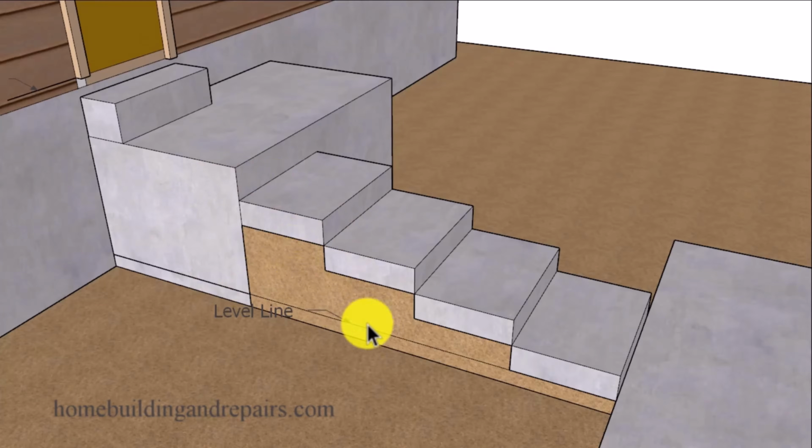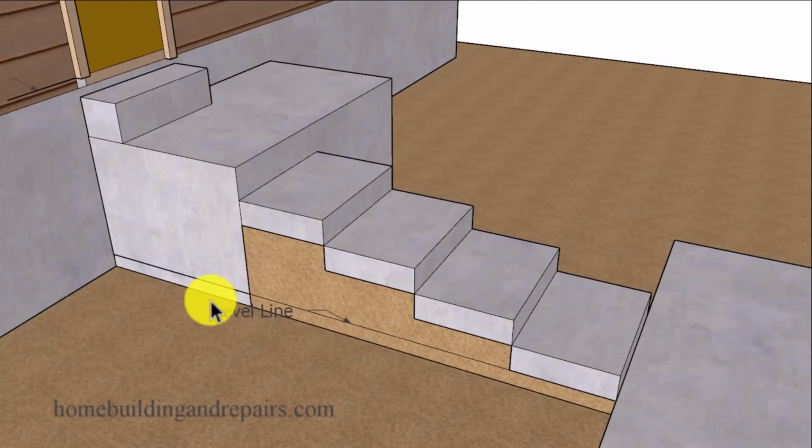And in order to do that, we're going to need to figure out the total rise, or the difference between the first level, lower level, and the upper level. And on an exterior stairway, I wouldn't simply measure each one of the risers and add them together and think you're going to get the total rise, because it's not uncommon to slope the concrete steps, the balcony or deck, about 1/8 of an inch or 1/4 of an inch per foot to allow for the water to drain off of it.